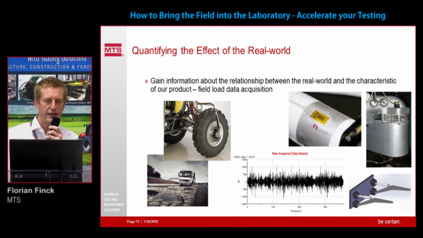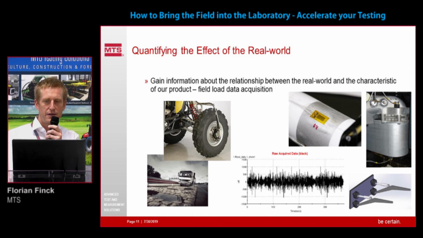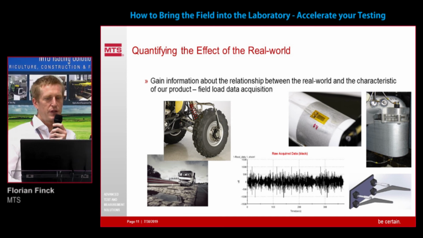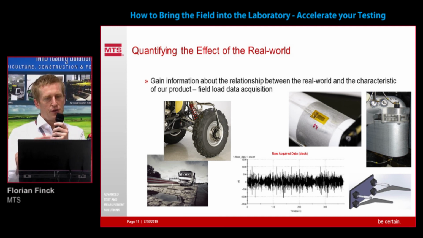These raw data that you might find have different frequencies involved, higher frequencies coming from the engine or from cobblestone on the roads. Then there might be lower frequency events from braking or turning, things like that. So when you want to gain this information, you need to find the spots where you would acquire these loads.